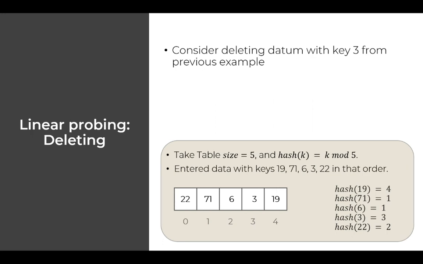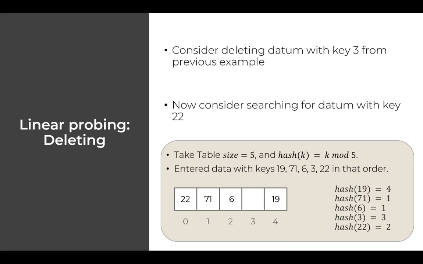Now let's look at another issue here. Let's consider deleting the datum with key 3 from the previous example. We look at the hash value for the key 3, which is 3. We find that element, which is equal to 3, so we can delete it. Now we want to find out if we've got a datum with key 22.